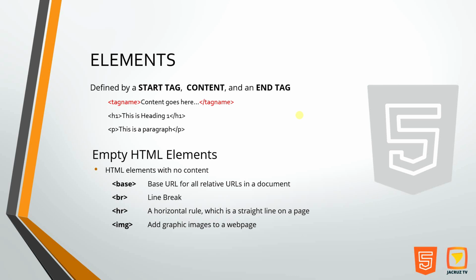Let's see. First is a base. Okay. So, base URL for all relative URLs in a document. So what do you mean by that? Basically guys, in our website, we are trying to put some links, if you are familiar with the links.